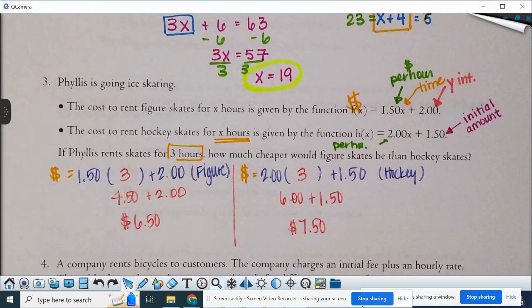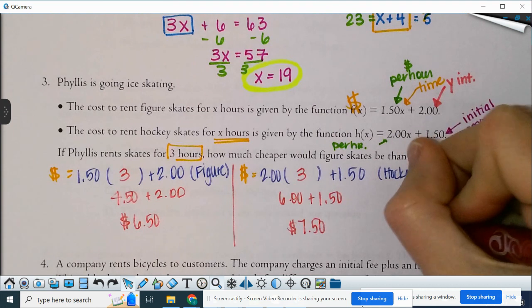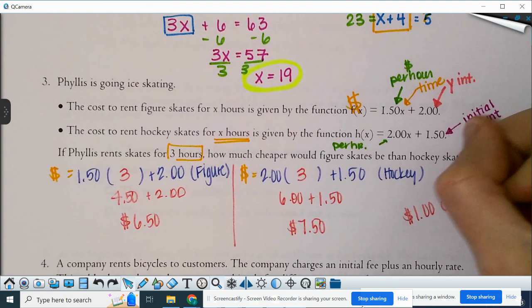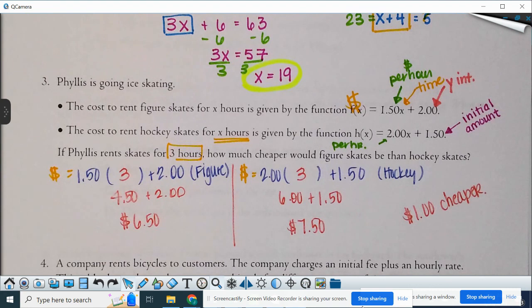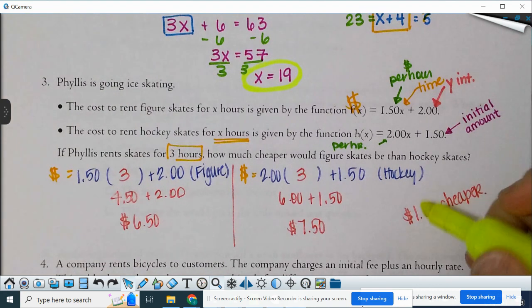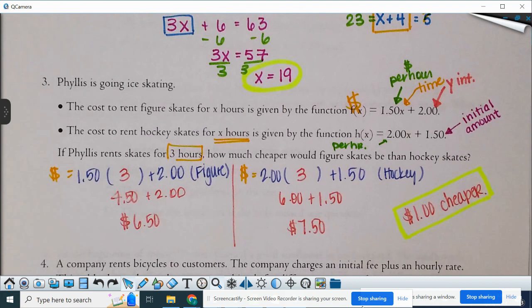So how much cheaper would figure skates be than hockey skates? $1. Good. The biggest thing on this one, I would say, number one, is obviously all of your vocabulary and your linear stuff. But even once you get close to that, is making sure you answer the question they ask. Because you're doing a lot of thinking through this guy.